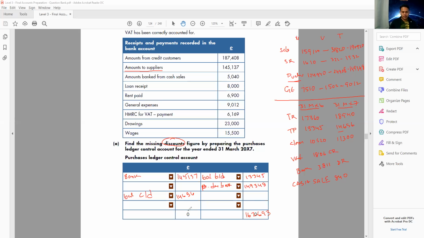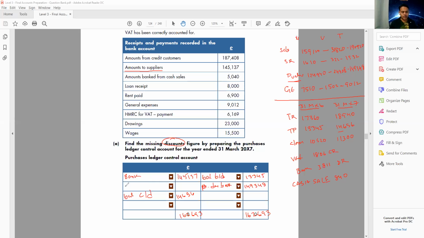I'm going to write the same thing, 162,693, and find the difference. So I'm going to minus these two, 14,537 minus 14,656, that is 2,900. So this is the one we're looking for, discount.